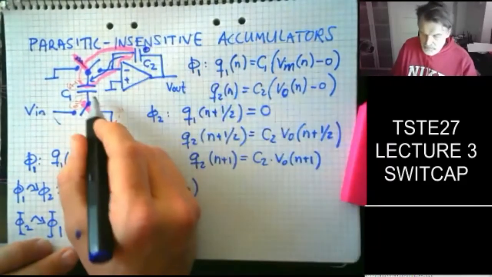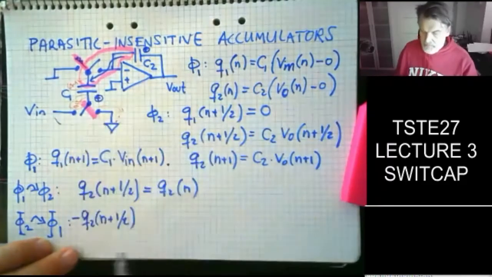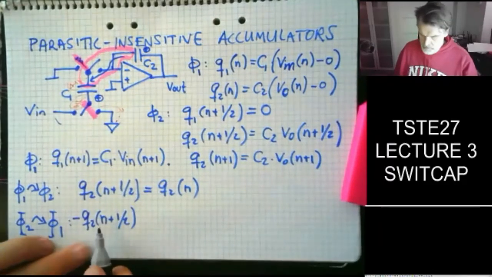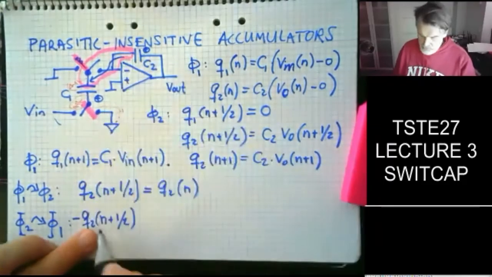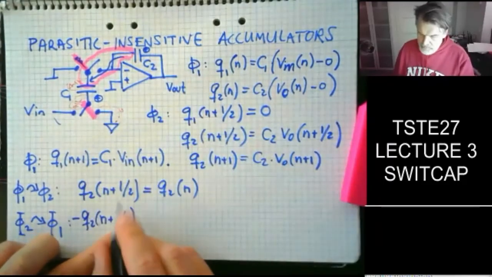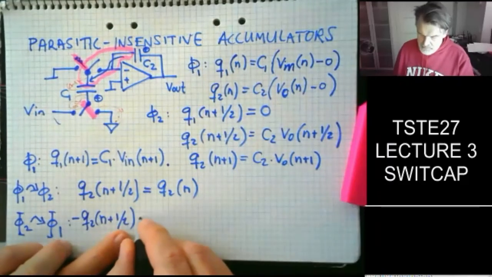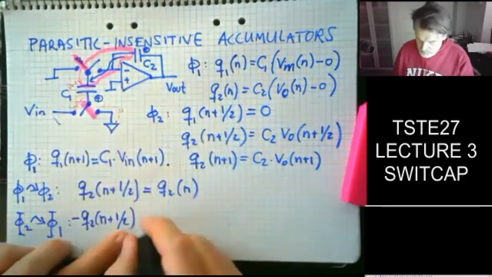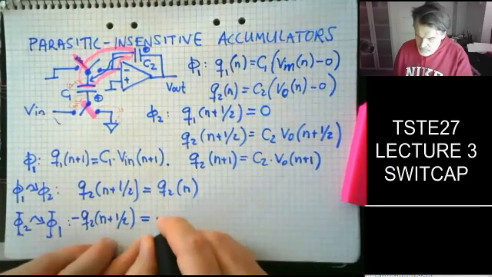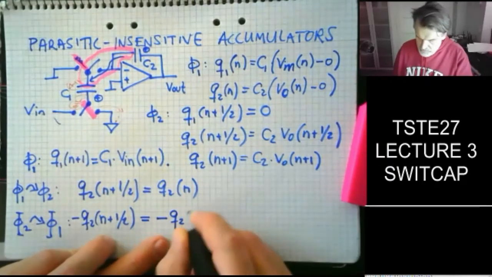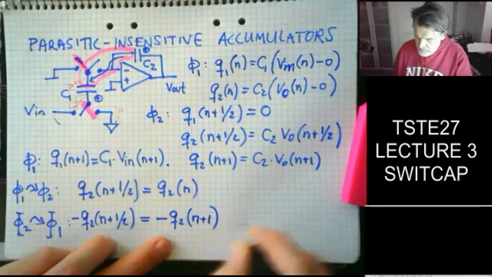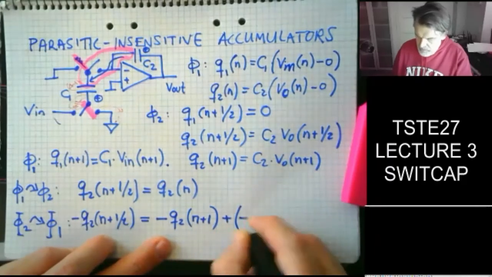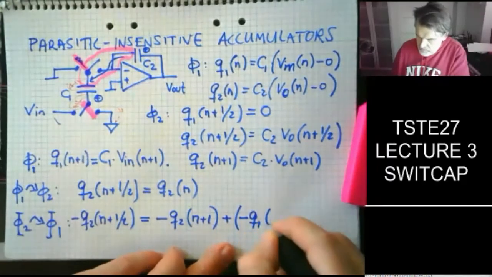We didn't indicate any plus, but let's do plus here. So the minus side charge Q2 is from the previous phase plus the previous charge on C1, but that was 0, so we don't have to care about that. That's going to be equal to the negative charge of Q2 of n plus 1 plus the negative charge of Q1 of n plus 1.